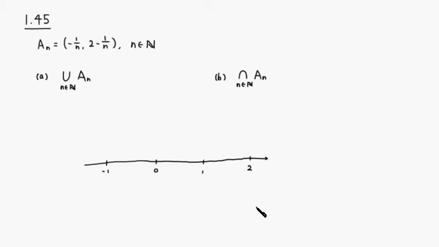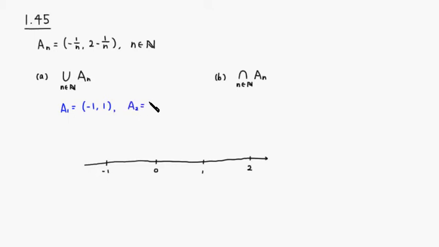The first thing I would do is list the first few just to know what they are. What would be A1? Plugging in 1 for n, it's going to be from negative 1 over 1, so negative 1, to 2 minus 1 over 1, so 2 minus 1 is 1. So it's an open interval from negative 1 to positive 1. How about A2?